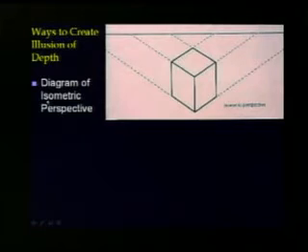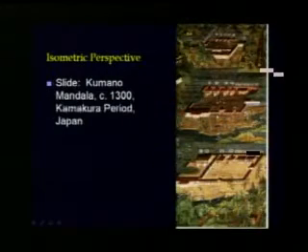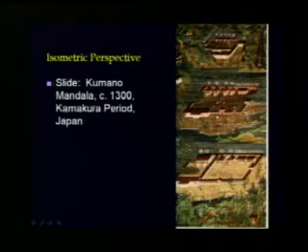And one kind that developed is called isometric. It uses the idea of having 2 sets of diagonals going off on either side of a composition, but the lines never come together. There isn't any point. And this is the kind of perspective that developed in the Far East.